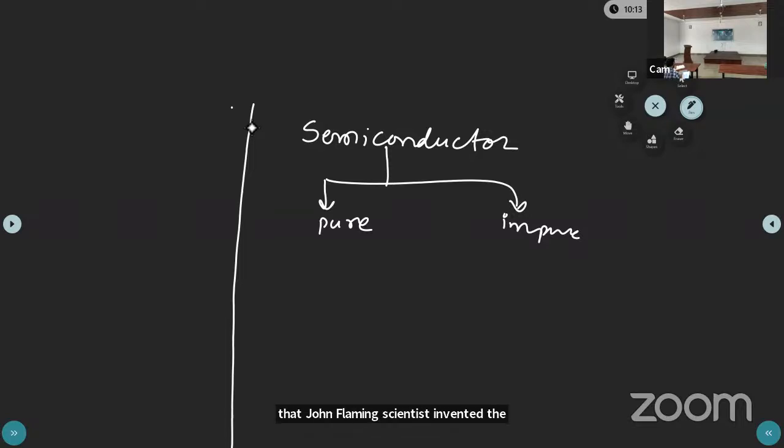Now, in that vacuum tube, they are using one electrode. To that electrode, they are connecting the filament. If the filament is charged, that electrode generates the electrons. That is the process in the vacuum tube. That device allows the flow of electrons.